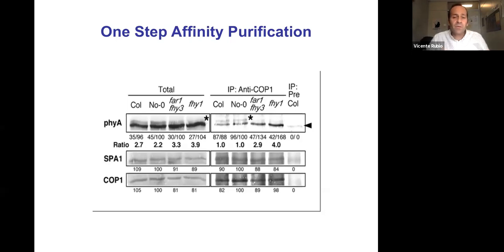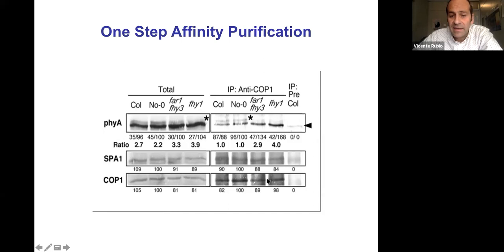Here, for example, this is from one study in which I participated a while ago, carried out by Yusuke Saijo. He was trying to characterize the interaction of COP1 with phytochrome A, and he was pulling down COP1 using an antibody against COP1.